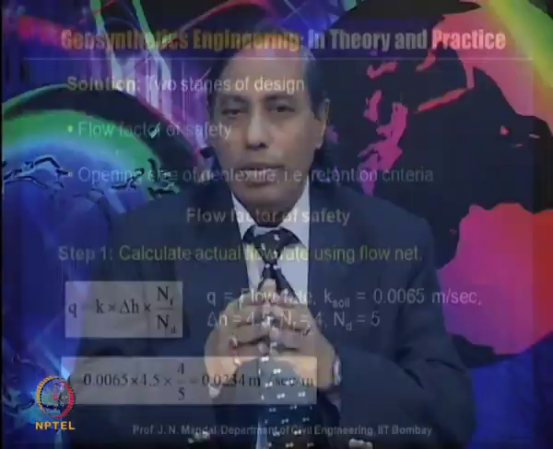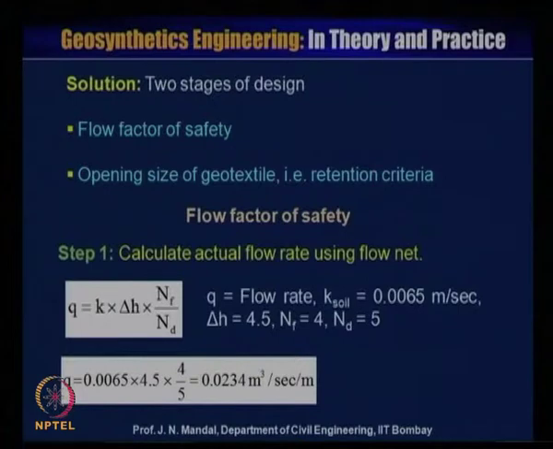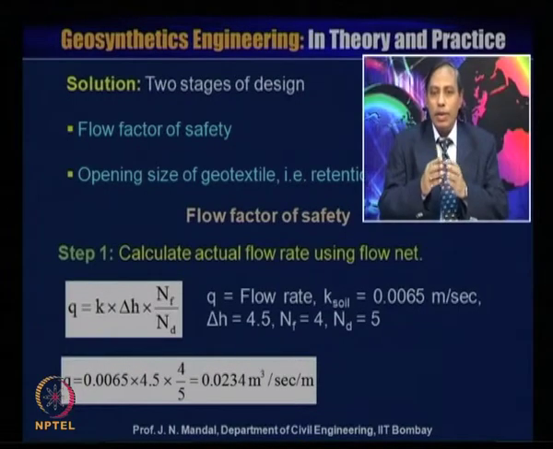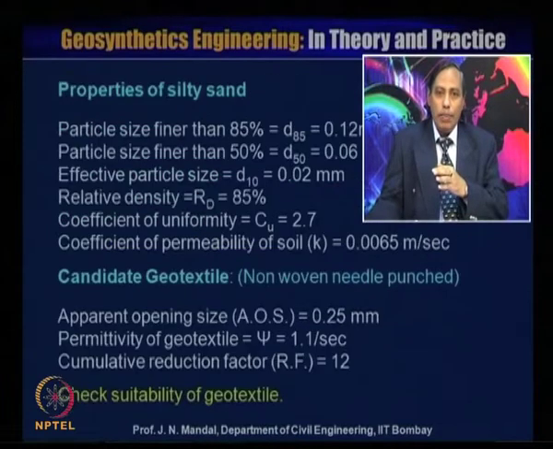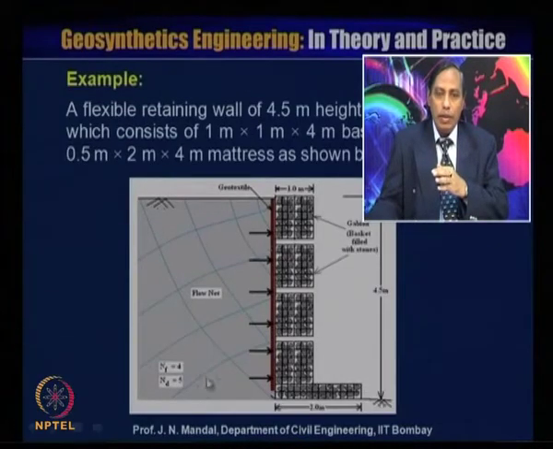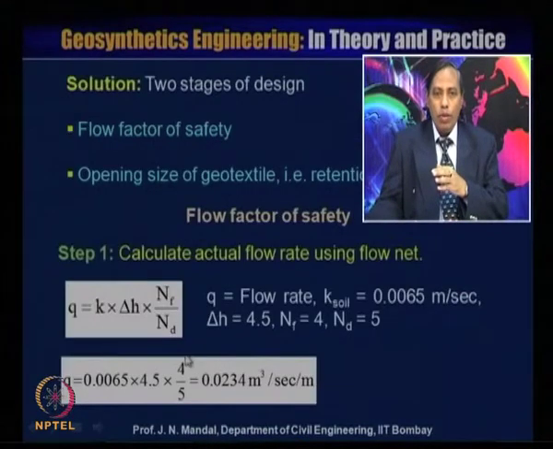So step 1, we will calculate the actual flow rate. As I mentioned earlier, you draw the flow net diagram and calculate NF and ND. This is the flow net diagram, and we calculated the number of flow lines as 4 and the number of equipotential drops as 5. So we know NF and ND.